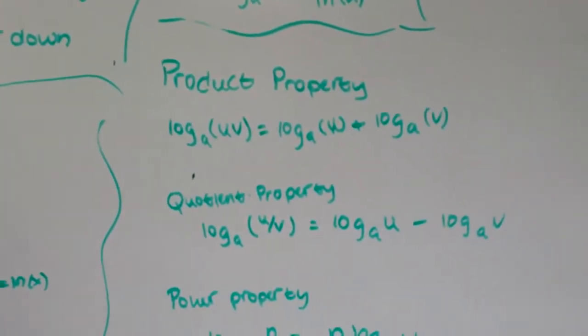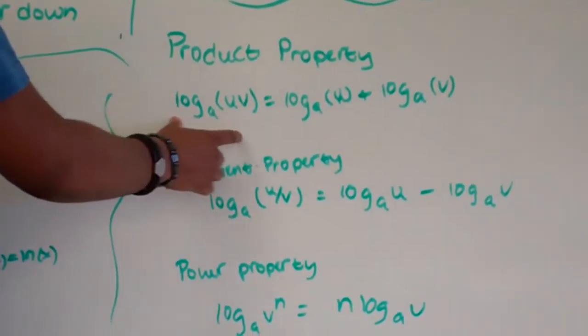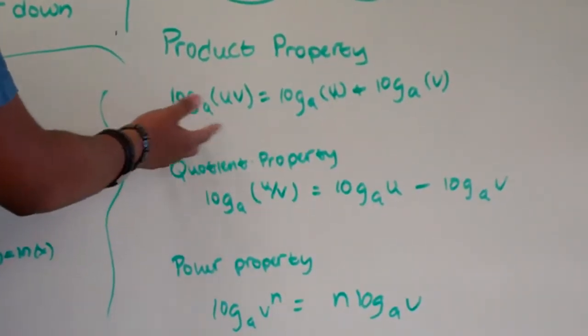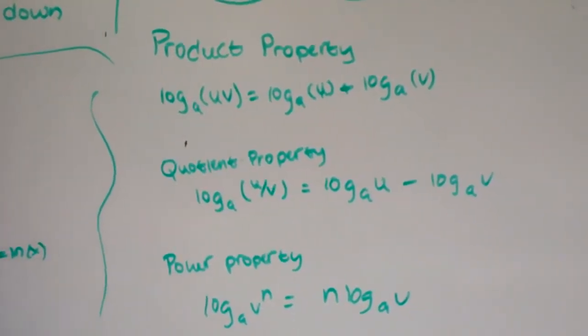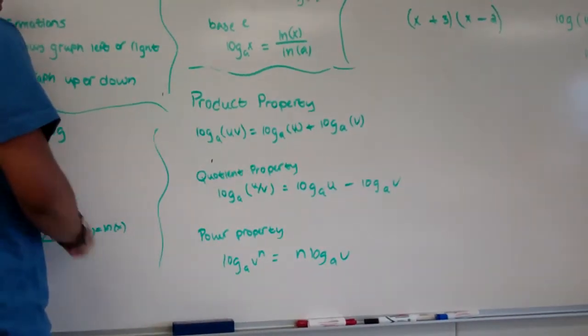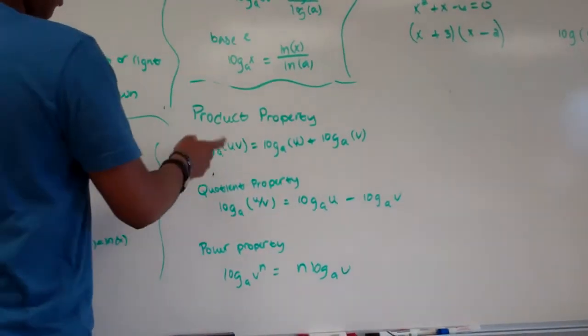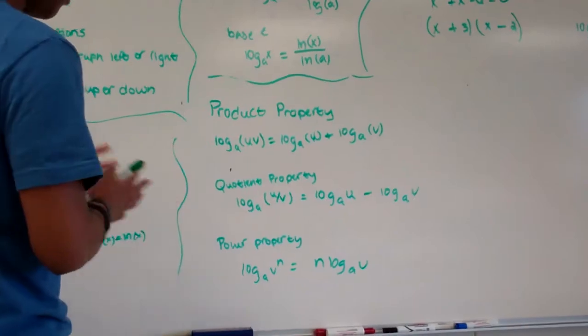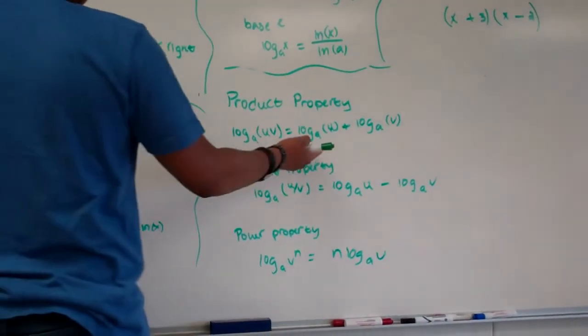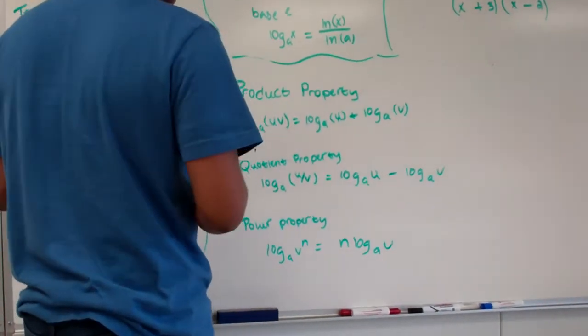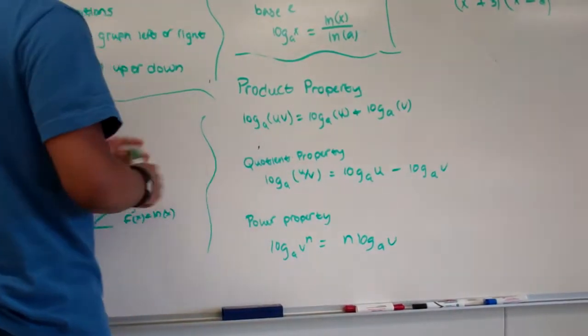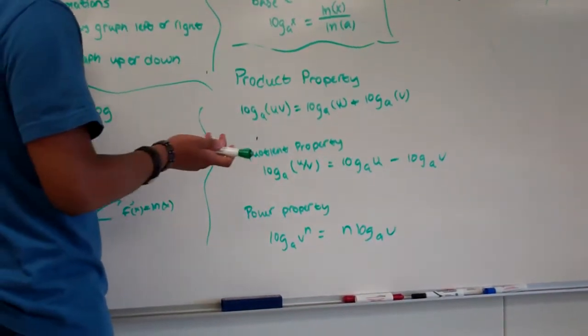Going to the product property, whenever you have an equation log base a, if you're doing the product property, it'll be two numbers multiplied by each other, which simplifies to addition, which is log base a of u plus log base a of v.